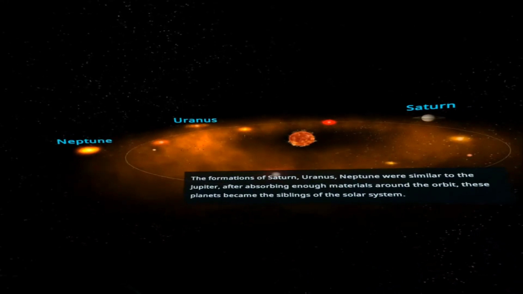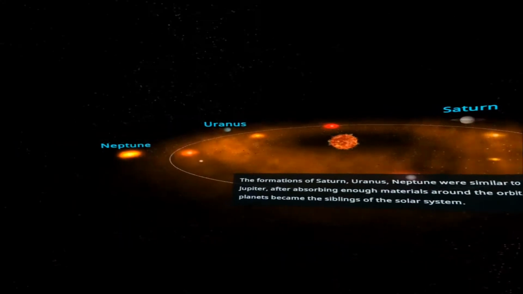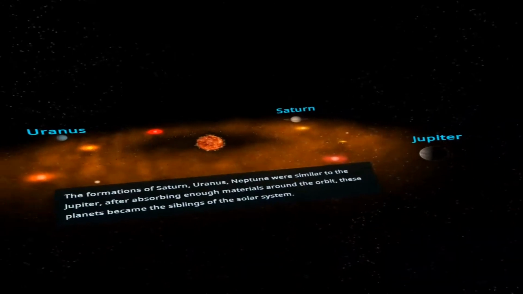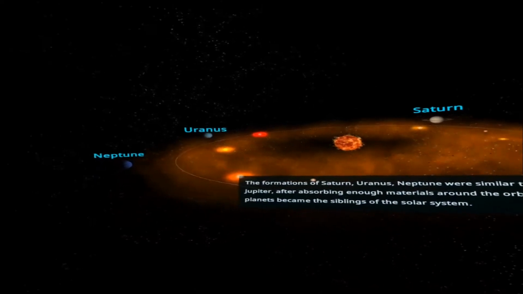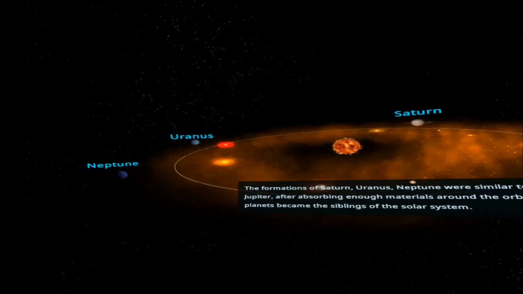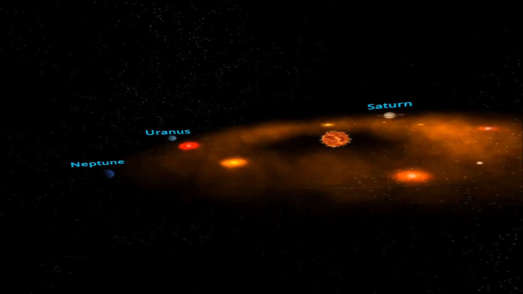The formation of Saturn, Uranus, and Neptune were similar to Jupiter. After absorbing enough materials around the orbit, these planets became the siblings of the solar system.